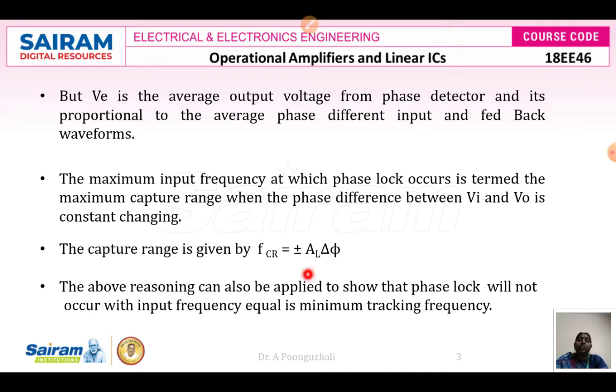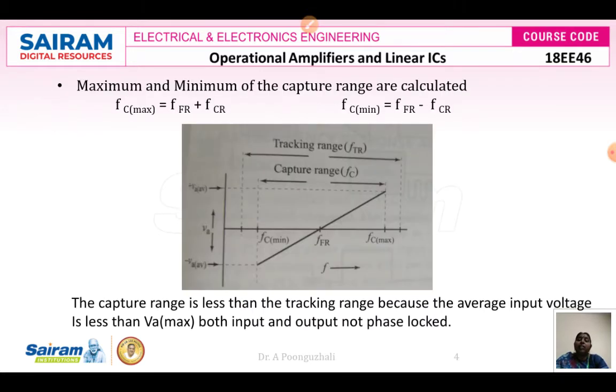The phase lock will not occur when the input frequency is equal to the minimum tracking frequency. Here we define the maximum and minimum of the capture range. The maximum capture range is the free running frequency plus the capture range frequency, and the minimum capture range is the free running frequency minus the capture range frequency.